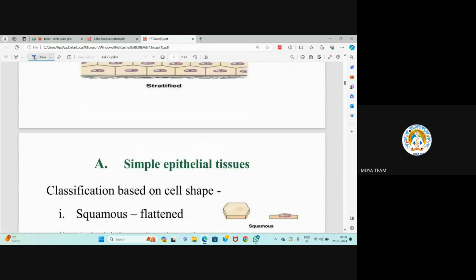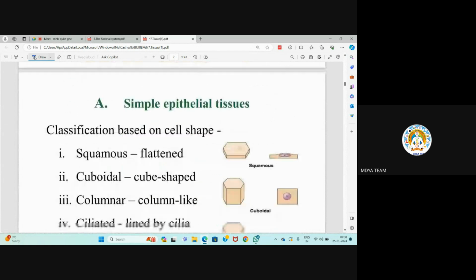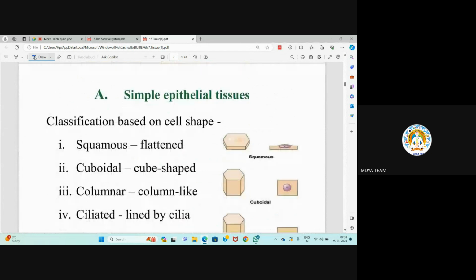Now, we will go for simple epithelial tissue. Till now, everything is clear.